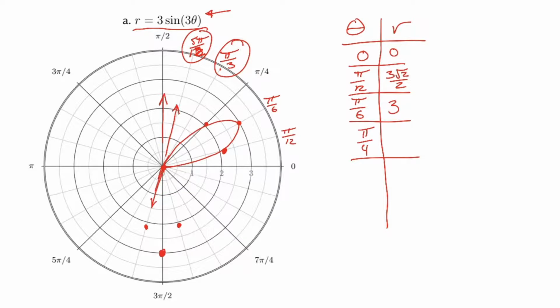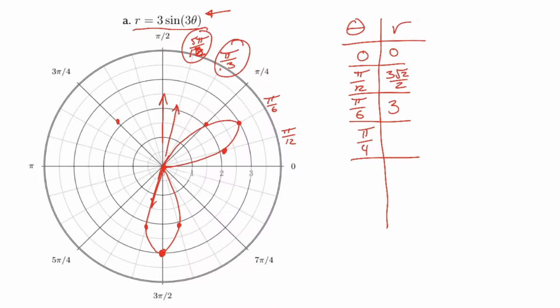So let's connect those dots. And then I'll finish this up. The next point, let's see, I think we're at 3 pi over 4, which is 2.35. 3 pi over 4, it says that it's 2.1 again.